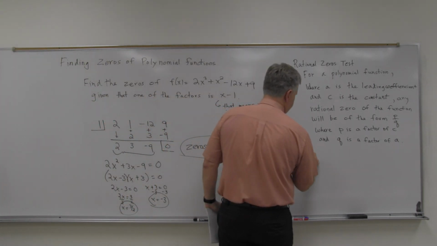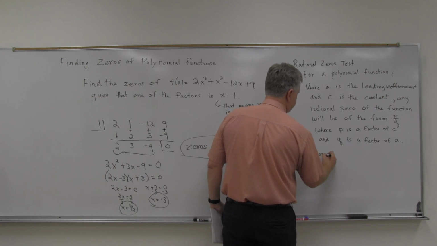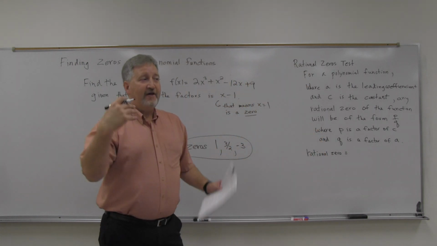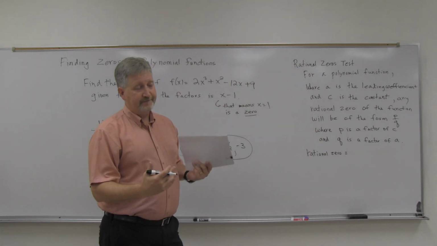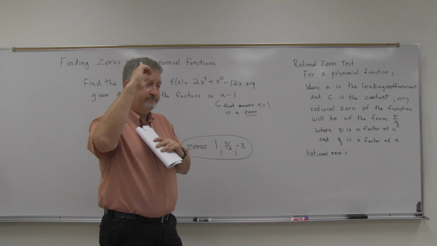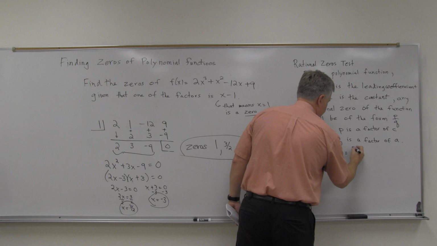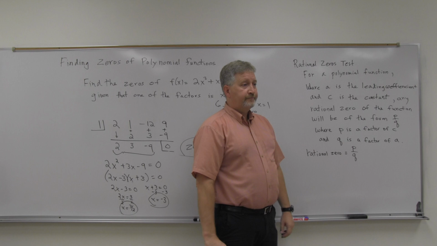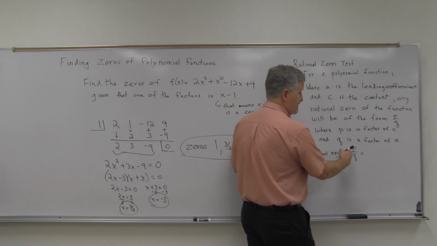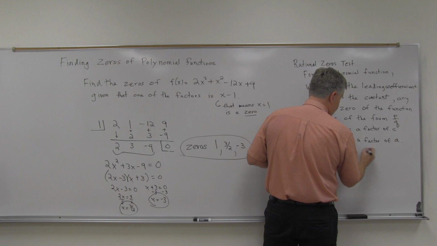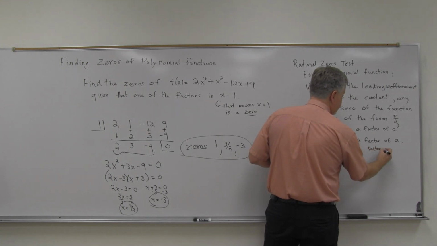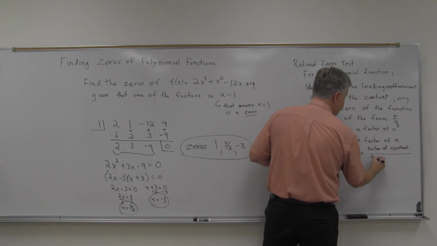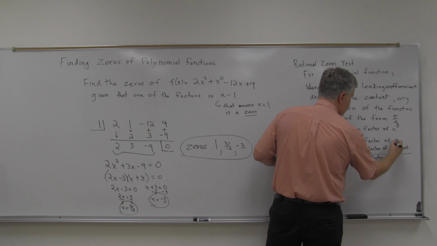If we've got a rational zero of our polynomial function, and all a rational number means is it's one number divided by another number, and that's why the P over Q there. So rational zeros are of this form, P over Q. And that just means P is going to be a factor of your constant over Q, which is a factor of the leading coefficient.